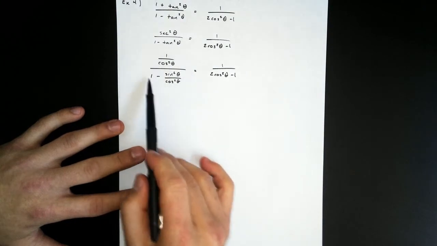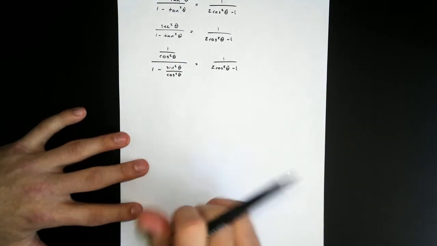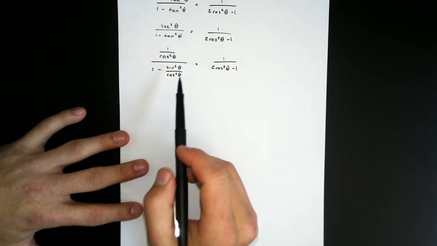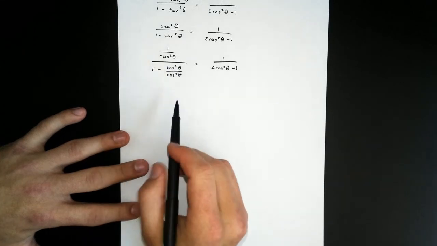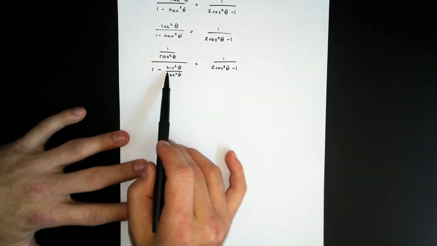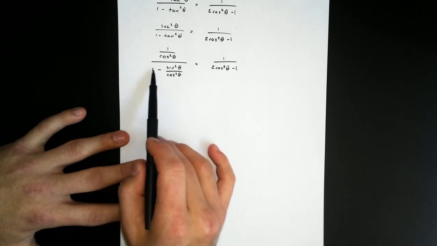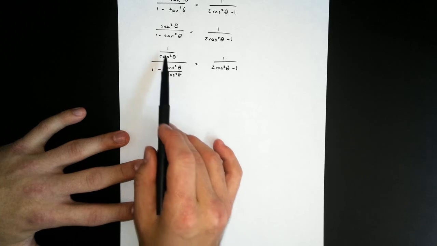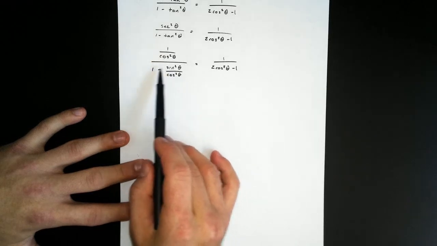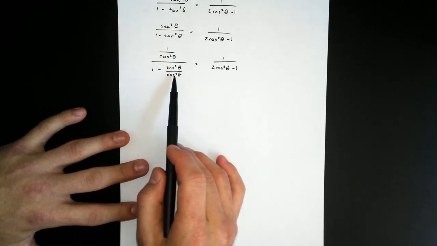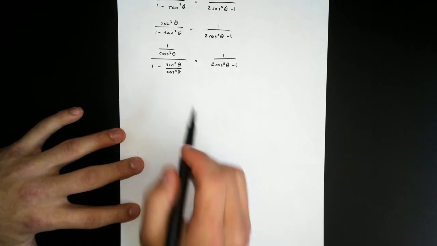Okay, so we have this complex fraction. If I want to simplify a complex fraction, I can take this denominator, combine these two terms together, and I'll end up with one fraction in the numerator, one fraction in the denominator, and then I can change that to multiply by the reciprocal.